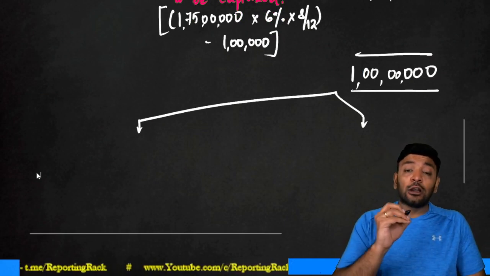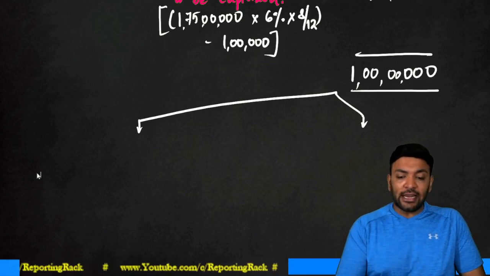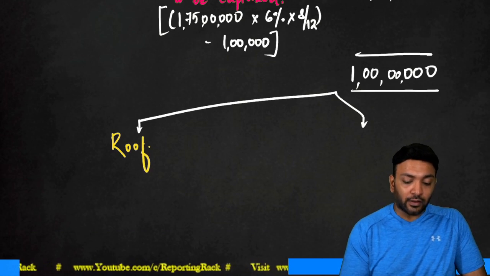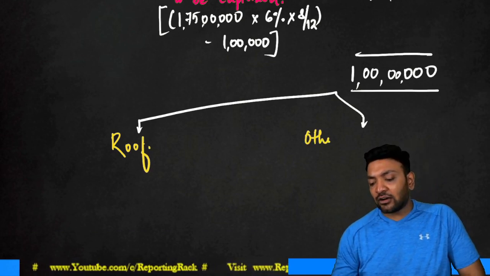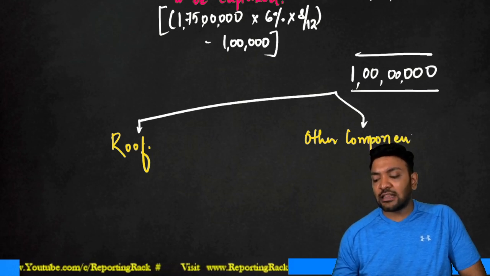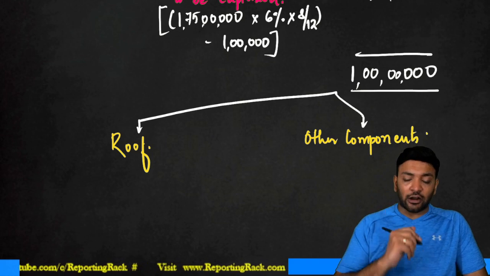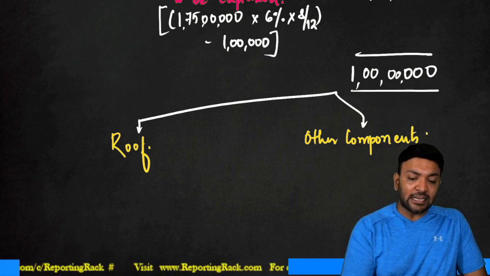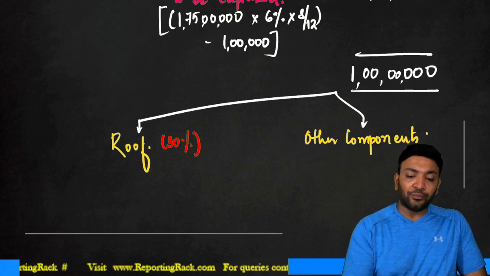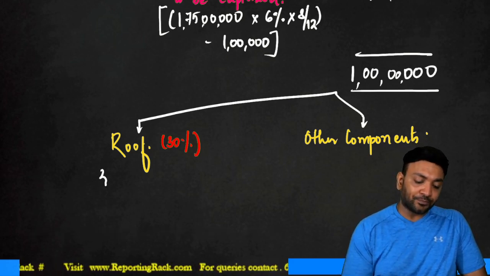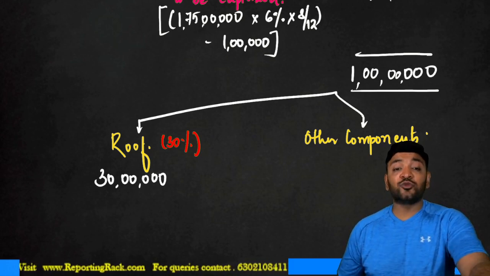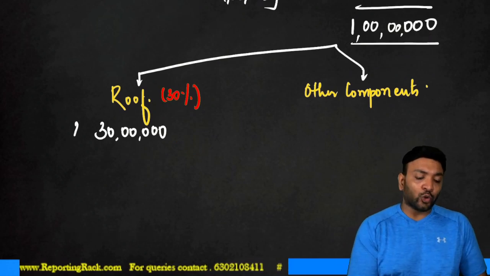Because the roof only has a useful life of 20 years, and all other components will have a useful life of 40 years. 30% is roof. What is 30% of 1 crore? 30 lakhs. This 30 lakhs will have a useful life of 20 years.